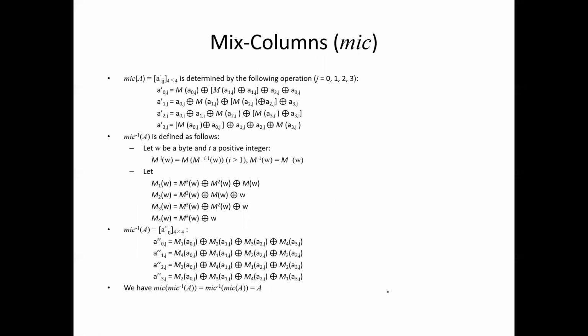Mix columns would be the most difficult, most complex operation. But each operation here we have already defined. We already defined the capital M, and the rest of it is exclusive OR. It's just the positions where you apply capital M that differ.